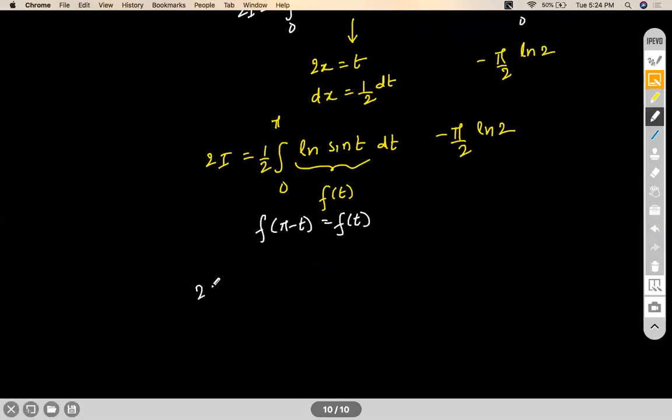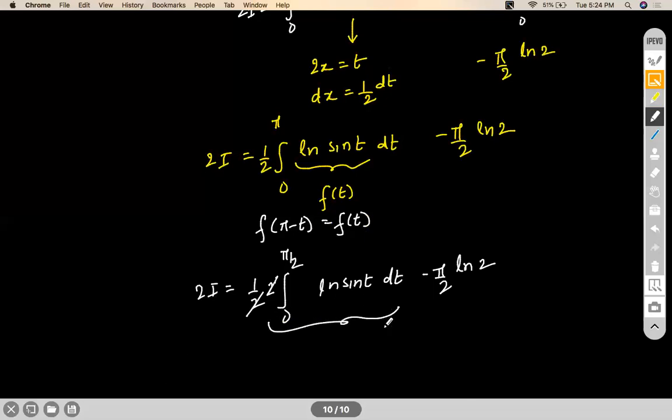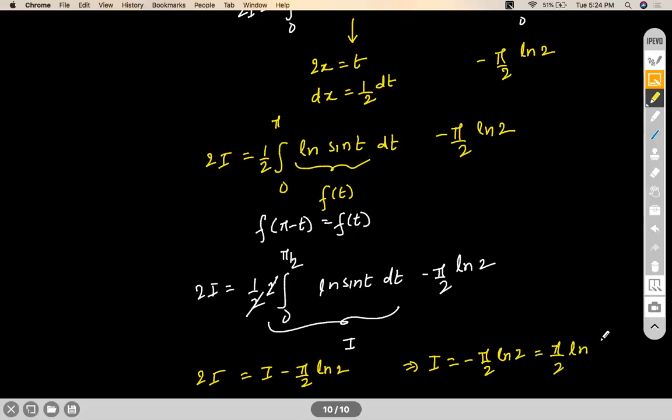So you can use the half limit property and say it is the integral from 0 to pi by 2 of 2 times ln sin t. The 2 and 2 go, and you can see here that you are back to I. So what has happened here? It has become 2I is equal to I minus pi by 2 ln 2, clearly implying that I is minus pi by 2 ln 2. That is actually pi by 2 ln half.